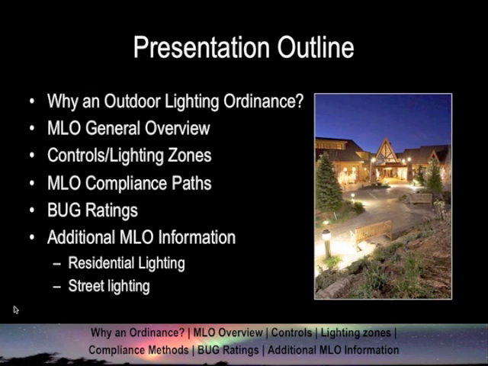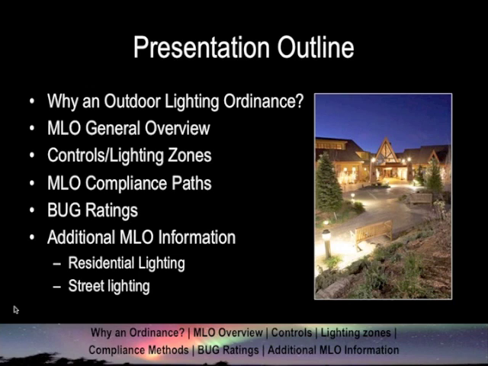The second thing, we'll actually dip our toe into the Model Lighting Ordinance and see a general overview. Part of that is going to be understanding that you can control lighting. And the big topic, which is important for city planners especially, is implementing what we call lighting zones into your city.